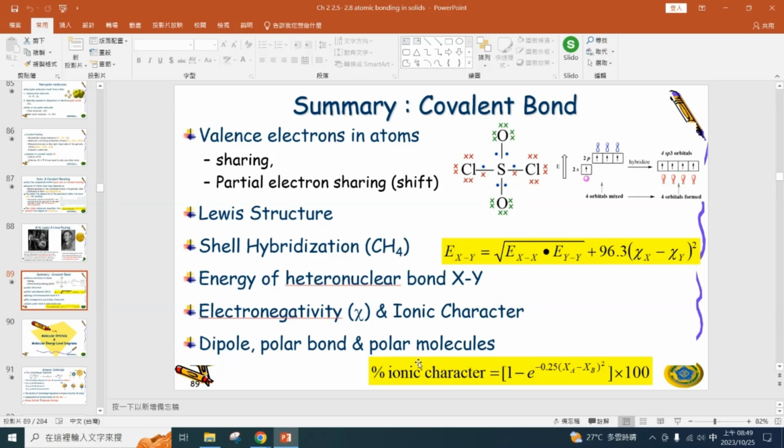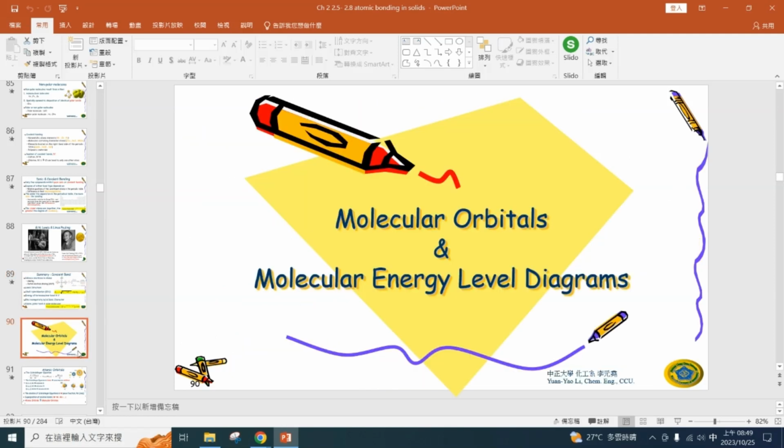So remember, you need to distinguish whether this molecule has a dipole or polar bond or not, and whether this molecule is a polar molecule or non-polar molecule. Okay, this is important.